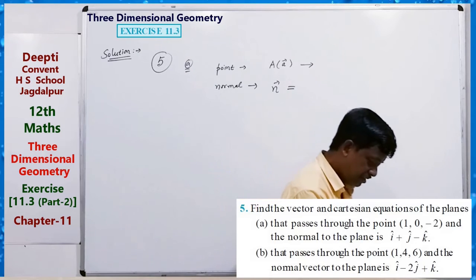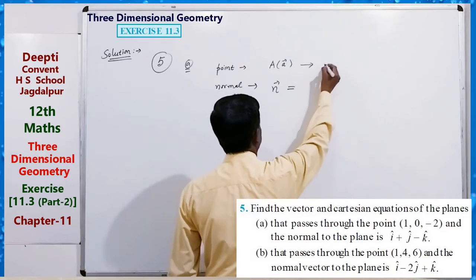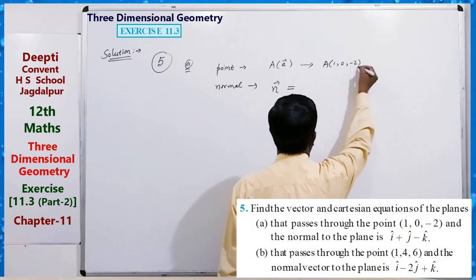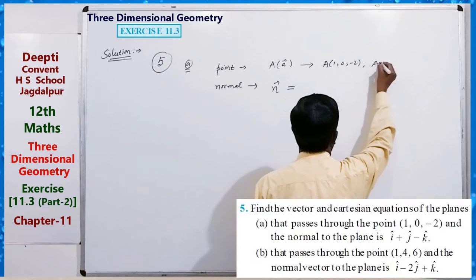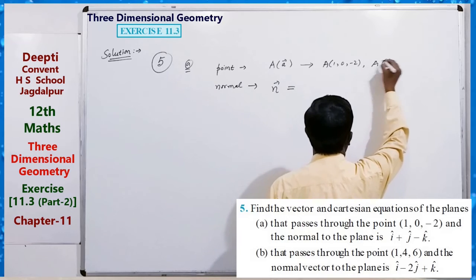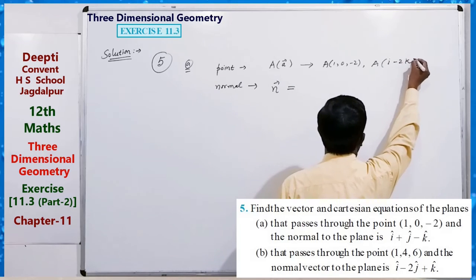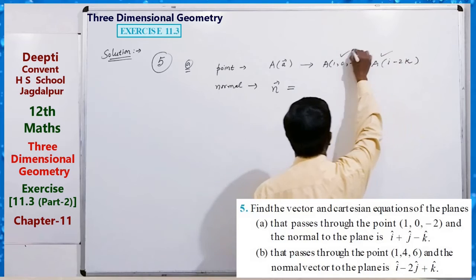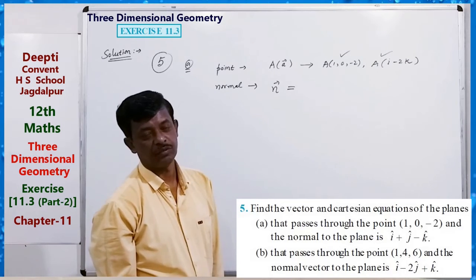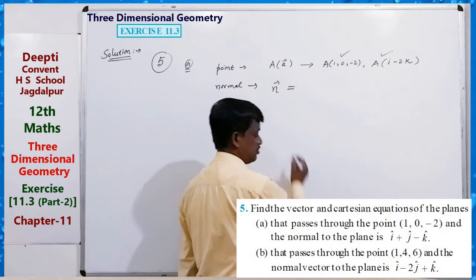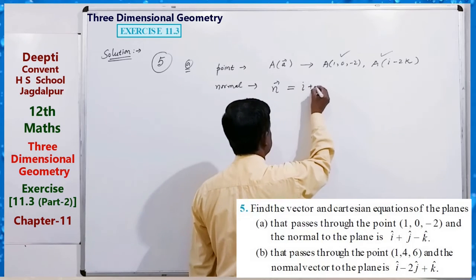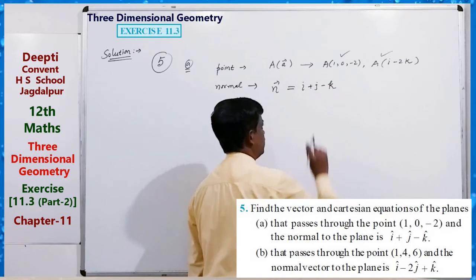The point is 1, 0, minus 2, that is A, which is I minus 2k in vector form, or this is the Cartesian form. And this is also given normal, I plus j minus k.